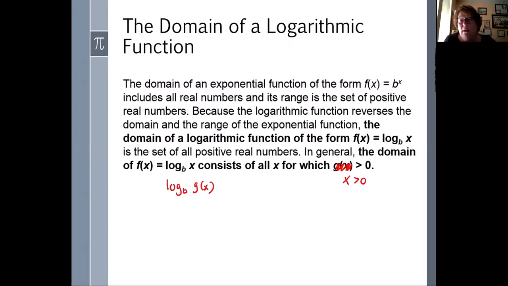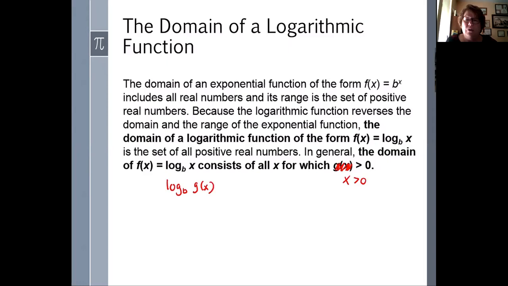What we're saying is that what you're taking the log of, whatever that expression is, it has to be greater than 0. You cannot take the logarithm of a negative number. You cannot take the logarithm of 0. So whatever your expression you're taking the log of, that has to be greater than 0.